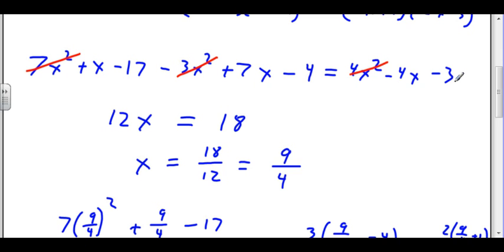Okay, and 18 over 12 is still, what's half of 12? It is? That just pisses you off.